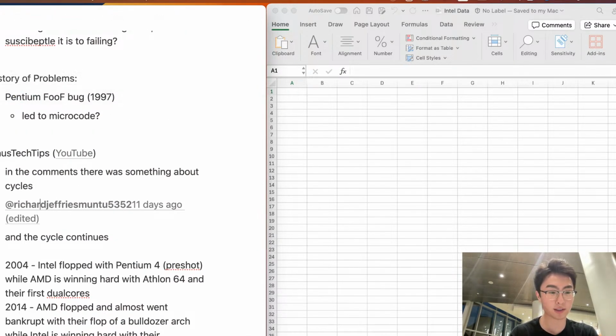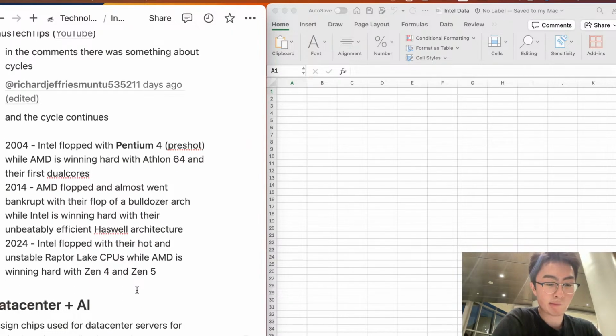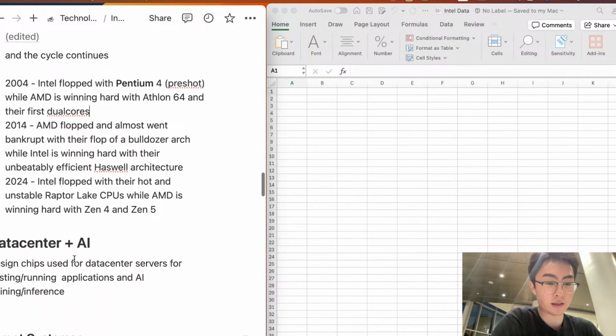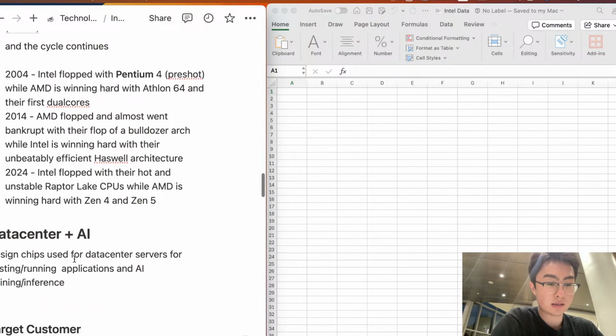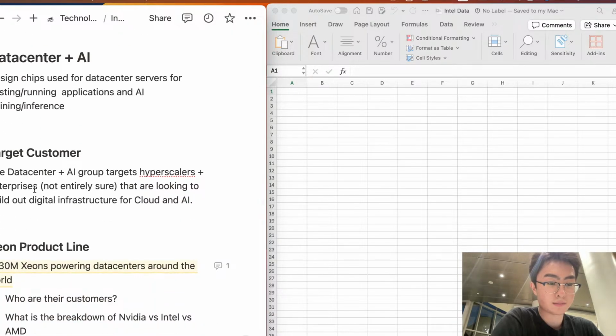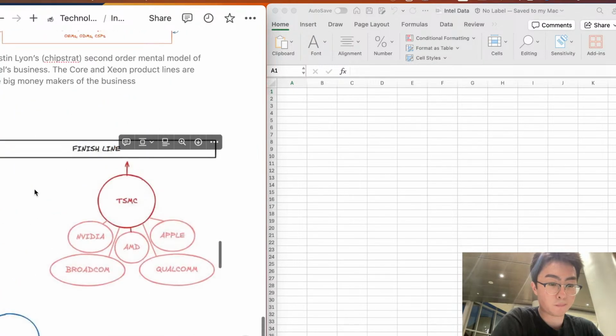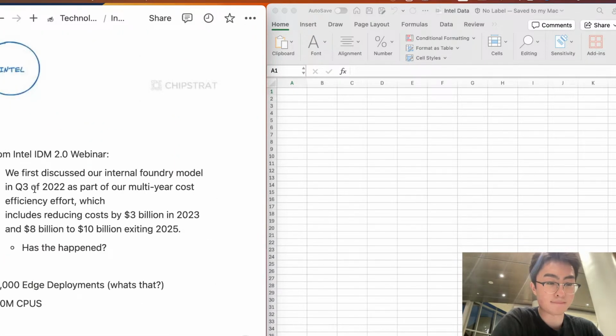Okay, so I guess there seems to be some commonality here. Intel winning hard with their unbeatable efficient Haswell architecture. Okay, so that I guess is interesting.